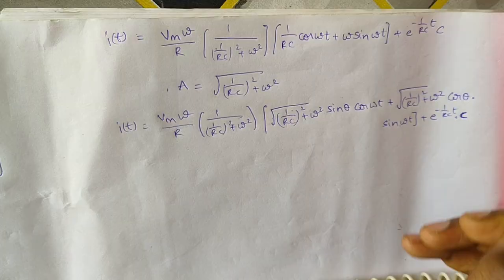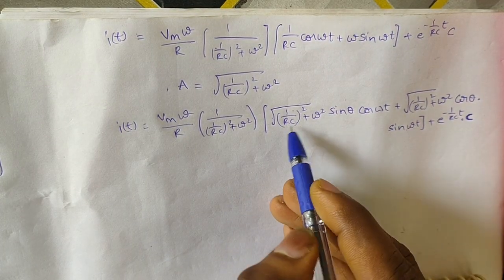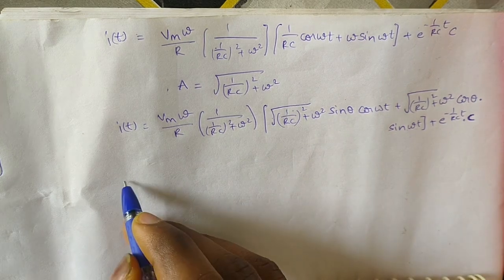C is the constant. Now we are taking common 1 by RC omega.